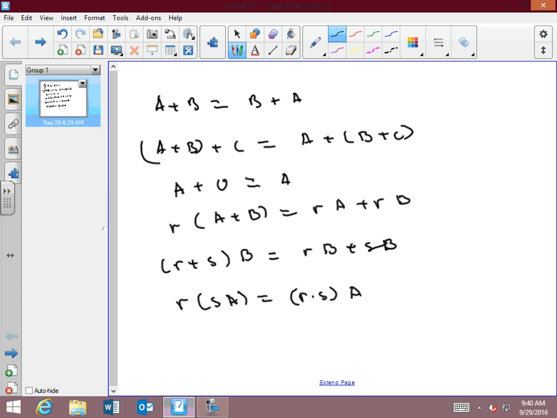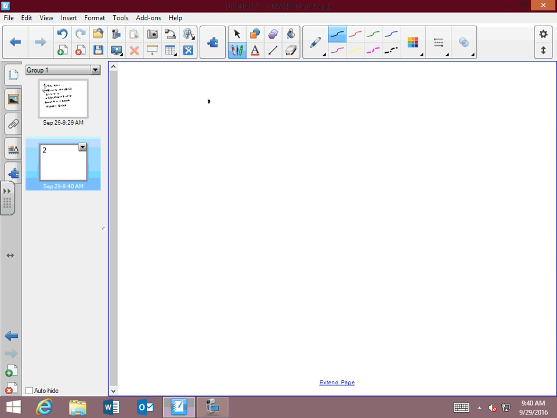Now, I just want to back up. You can do the multiplication this way, when this is an m by n, and this is an n by p. You can do the multiplication as long as these two are the same.